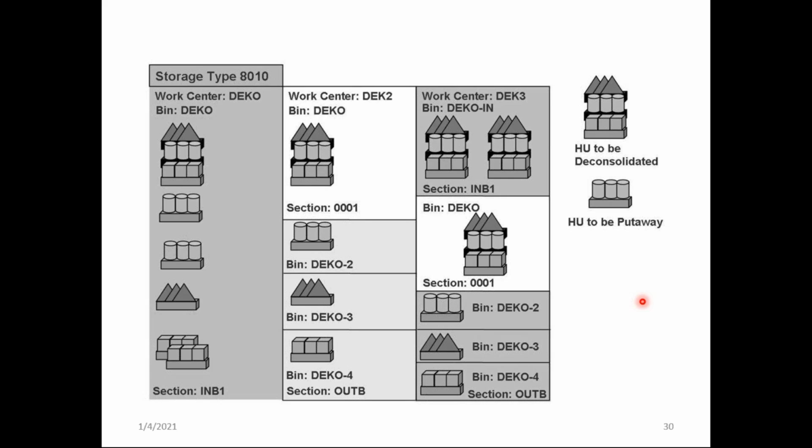That means you have to break that box and repack the laptop or LCD and computer display into separate boxes, and that process in EWM is called deconsolidation. Consolidation is packing; deconsolidation is like repacking, breaking that into separate HUs.